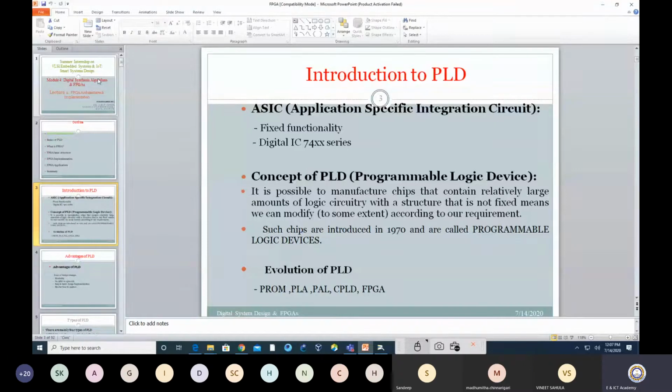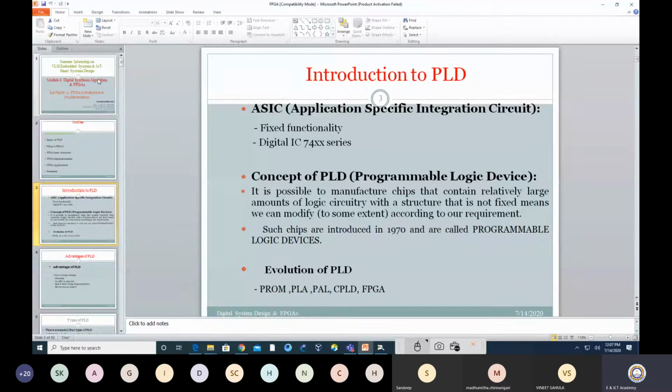In our second year, many of you have used that famous 74XX series IC. 7486 is maybe for an XOR gate, 7400 is for another gate. All these ICs we can term as ASIC, because whenever you use a particular IC, you will have a fixed functionality associated with it.